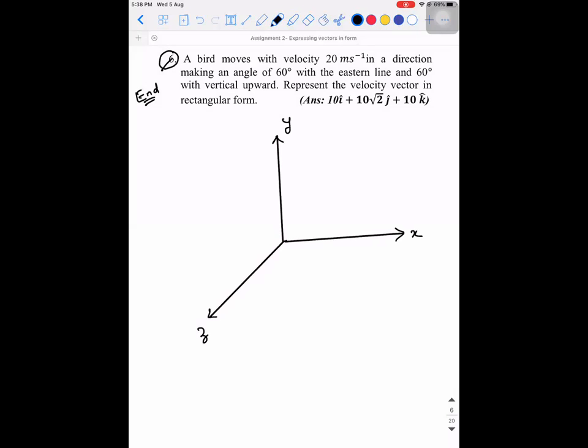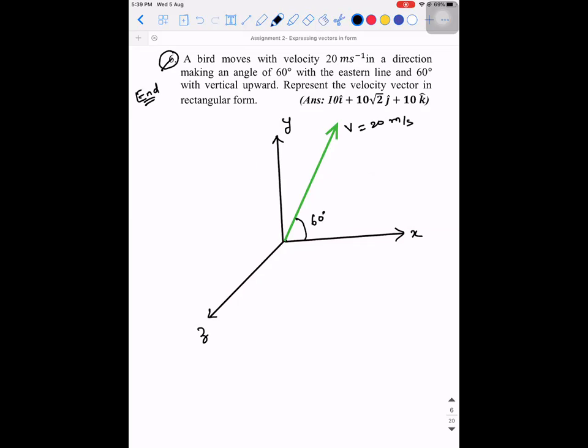So this is the eastern direction. It is moving with a velocity of 20 meters per second, making an angle of 60 degrees with the eastern direction. How much is this velocity? It is 20 meters per second.